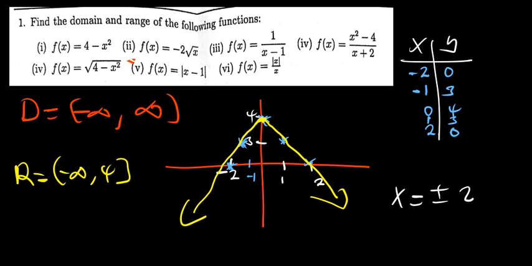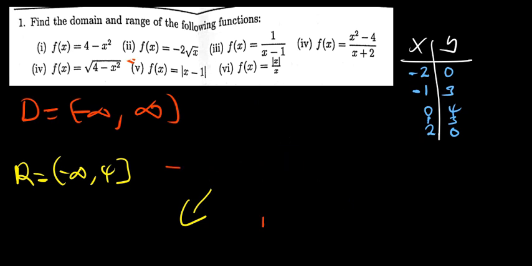But there's another method I'm going to explain on how to find the range. Another method which I'm going to use on how to find the range, guys, is this one. You see the function is 4 minus x squared.